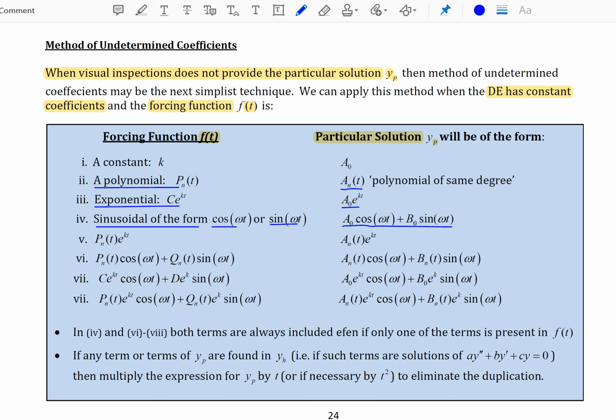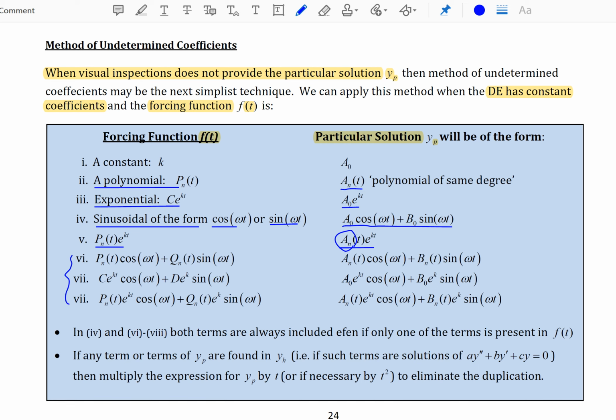If your forcing function is the product of a polynomial times an exponential, then your particular solution will also be a product of a polynomial times an exponential, where the coefficients of your polynomial will not yet be known. And then there are several other possible combinations of forcing functions that we can use.